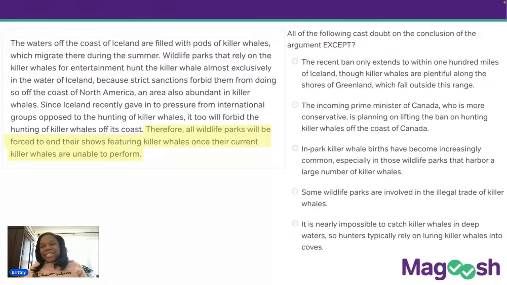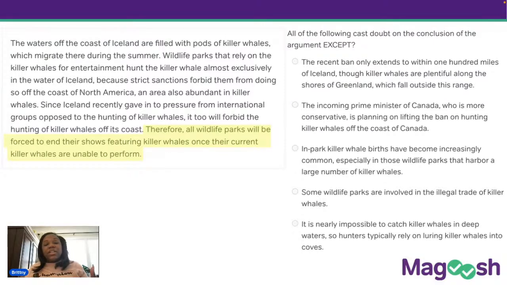Last but not least, right? So we've ruled out A, B, C, and D. I think process of elimination here, which is one of our four steps, would tell you that E is the answer, but let's look at why. It's nearly impossible to catch killer whales in deep waters, so hunters typically rely on luring whales into coves. All right, so this does not provide a new way for us to acquire killer whales. It talks about how they're caught, right?